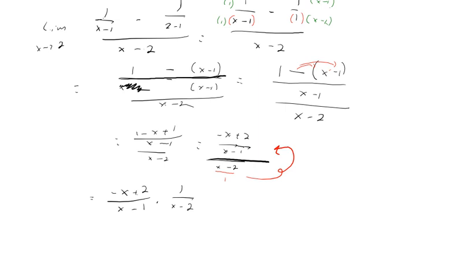What can we do here? Is anything canceling? Well, not quite. This is x minus 2, and this is negative x plus 2. There's a little clue here, though. They're not the same, but they're opposite, right? I have a negative and a positive, and a positive and a negative. They're opposites of each other. That's close.